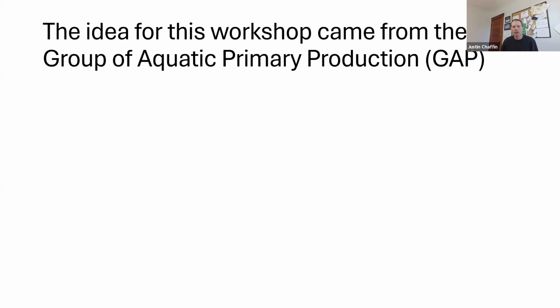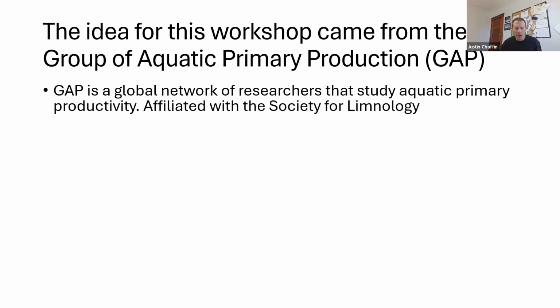The idea of this workshop came about from the Group of Aquatic Primary Productivity, which is called the GAP. This GAP network is a global network of researchers that focus on primary productivity, and they're associated with the Society of Limnology.